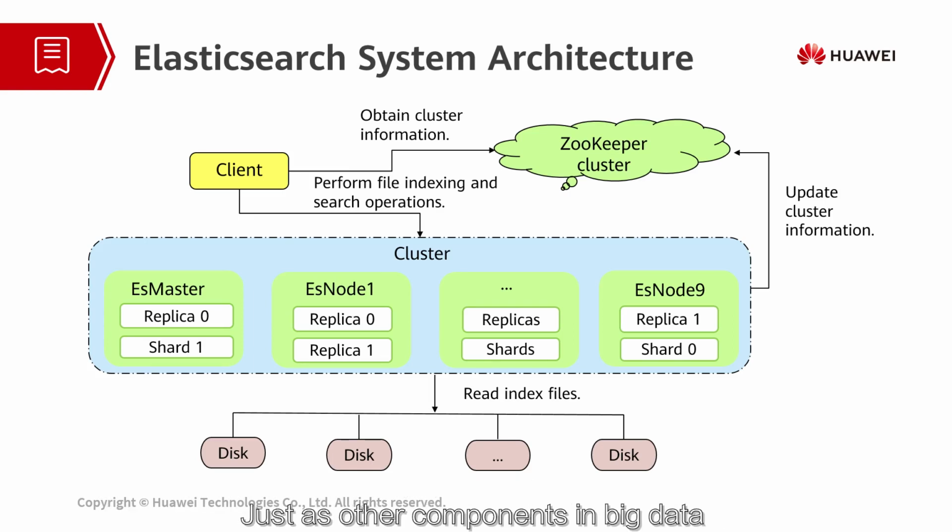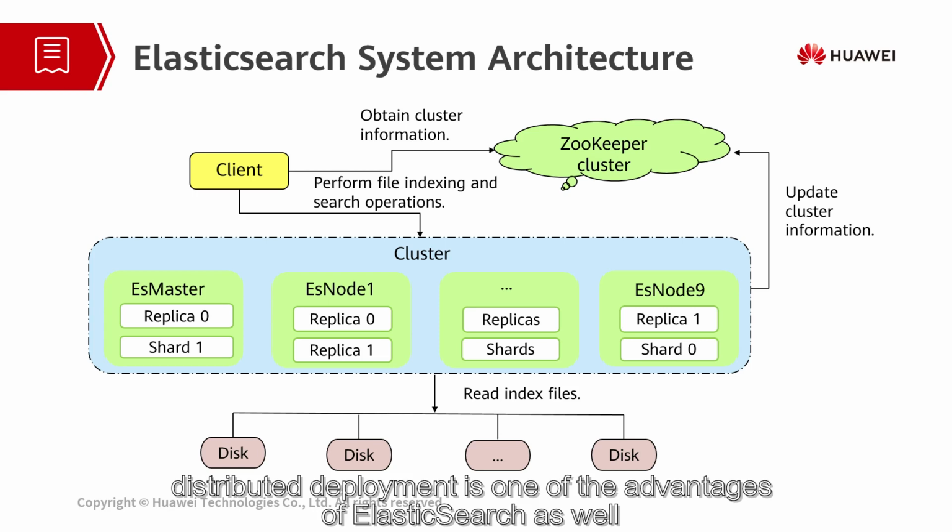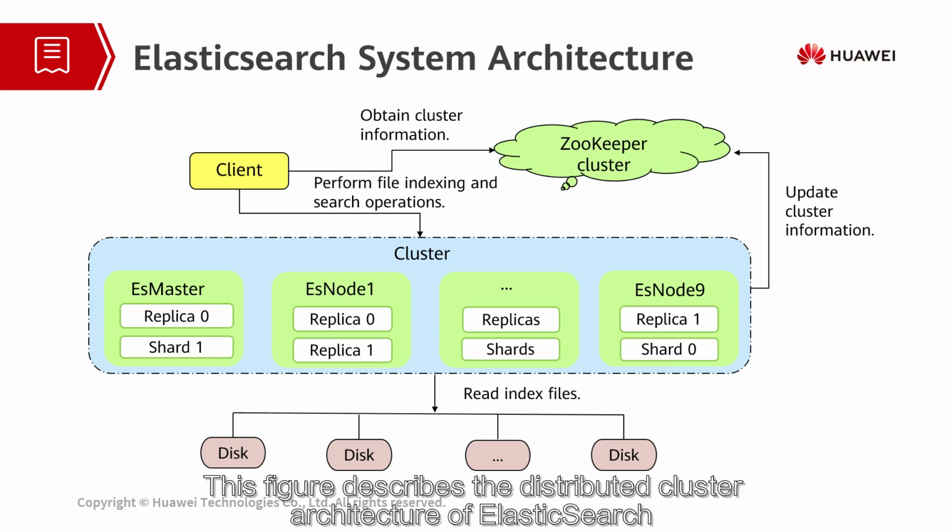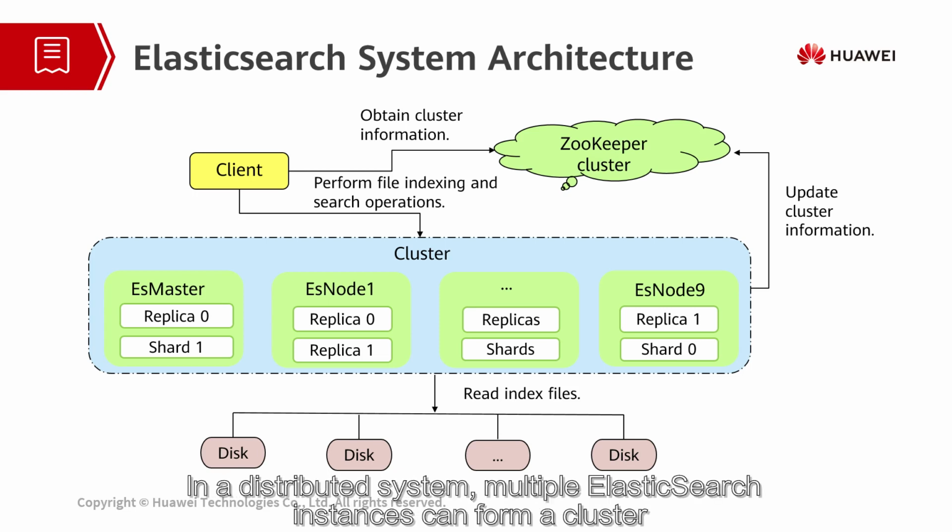Just as other components in big data, distributed deployment is one of the advantages of Elasticsearch as well. This figure describes the distributed cluster architecture of Elasticsearch. In a distributed system, multiple Elasticsearch instances can form a cluster.